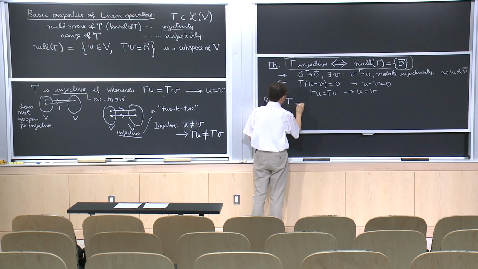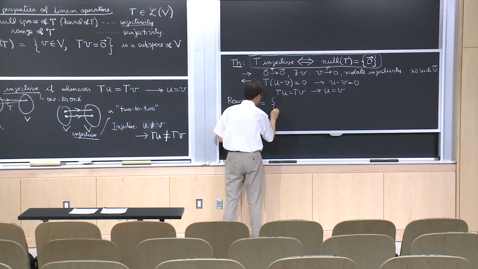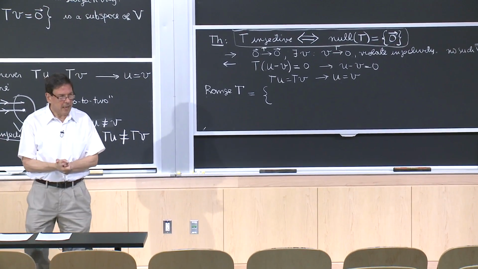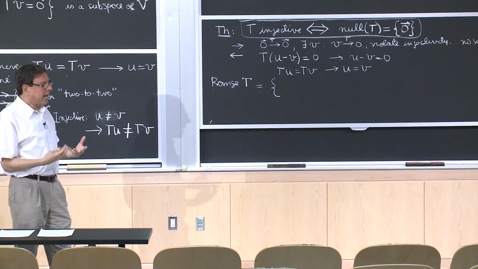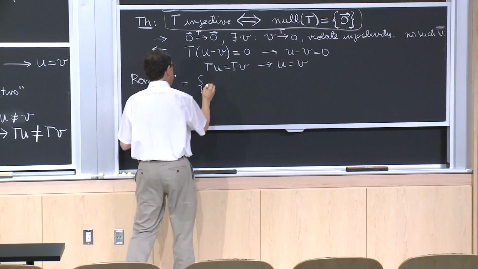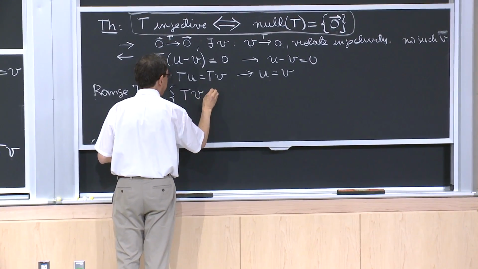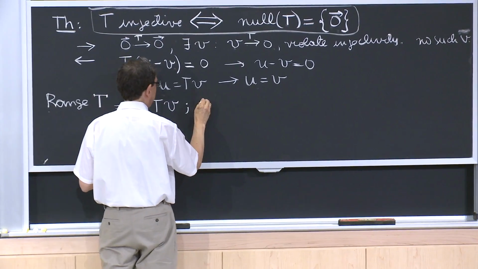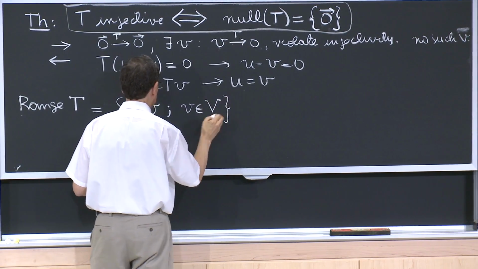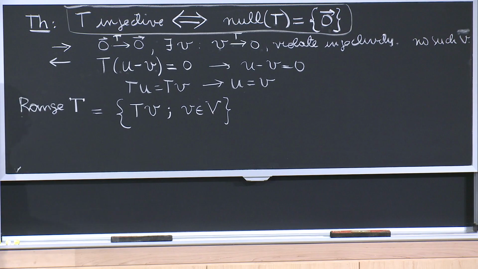What is the range of T? Well, the range of T is the set of vectors of the form Tv, where v belongs to V. So it's all the vectors you get by acting with the operator on the vector space.